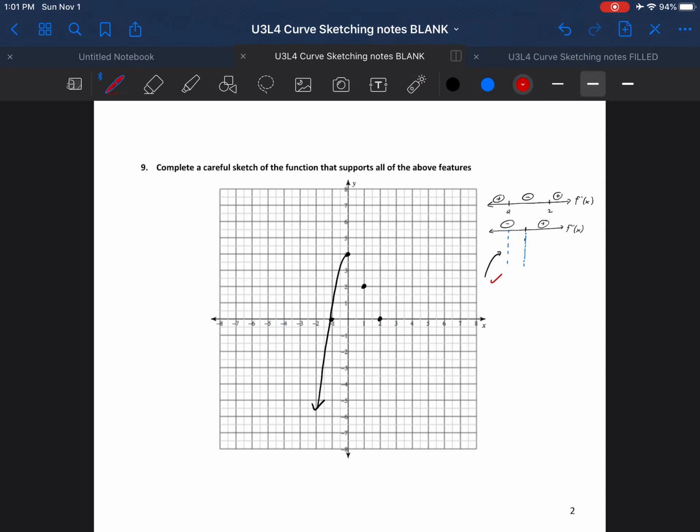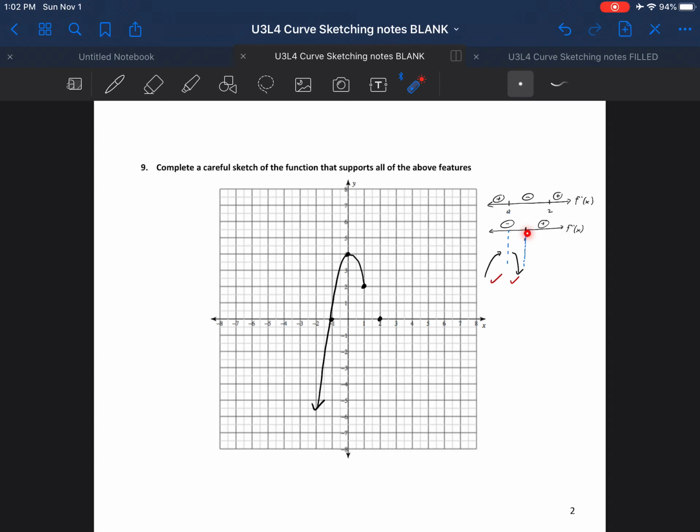Okay, so that part of the graph will look something like this, right? It's decreasing and concave down until 1. So I'm going to try and draw that. Okay, decreasing and concave down. Right, this part's done.